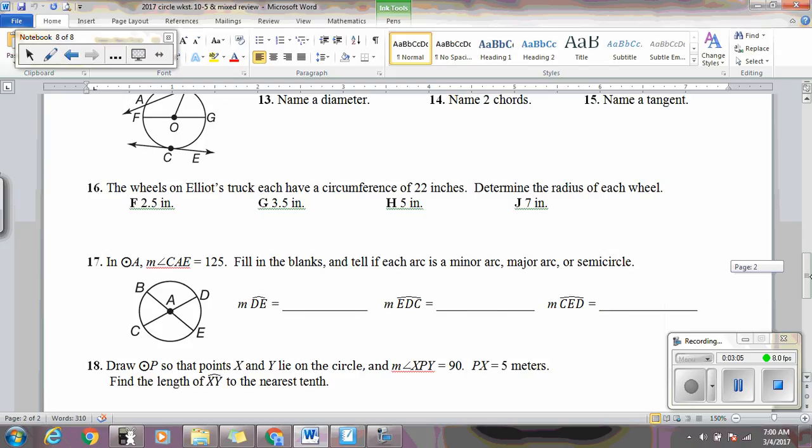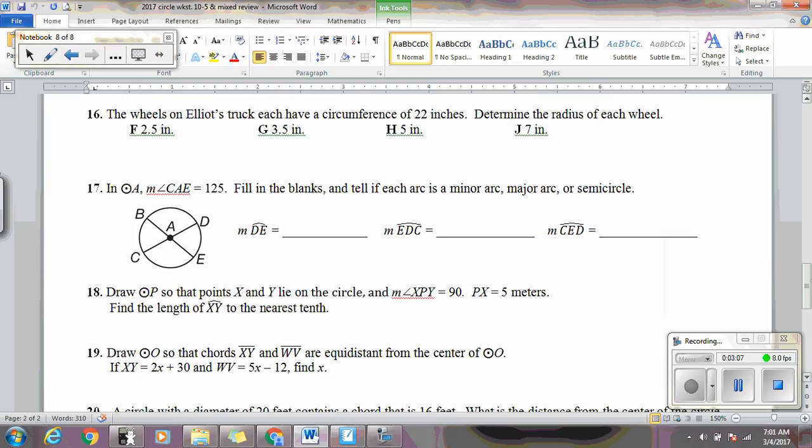For number 16, it says the wheels on Elliot's truck each have a circumference of 22 inches. Determine the radius of each wheel. So when we talked about circumference, we talked about two different formulas. The circumference formula is 2 times pi times radius, or it's diameter times pi.